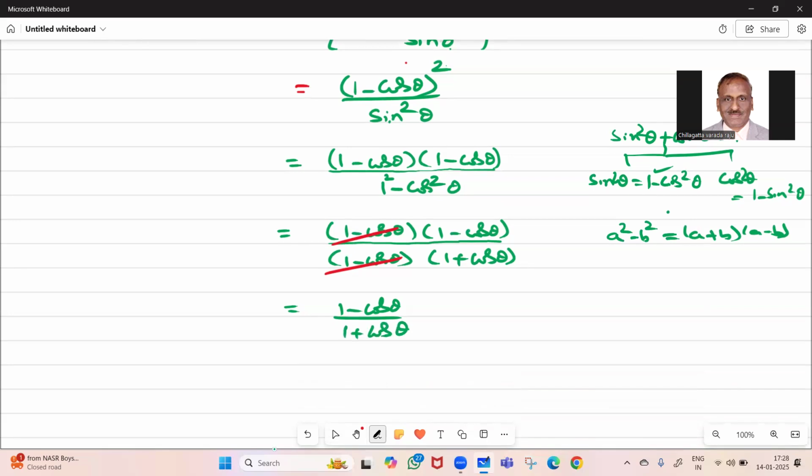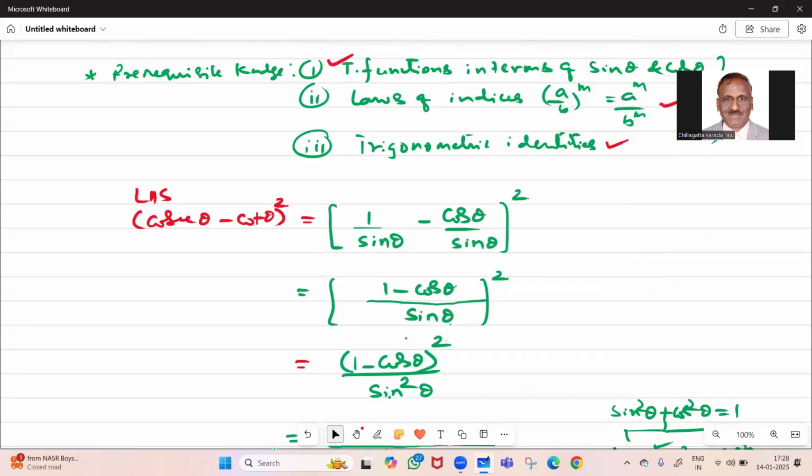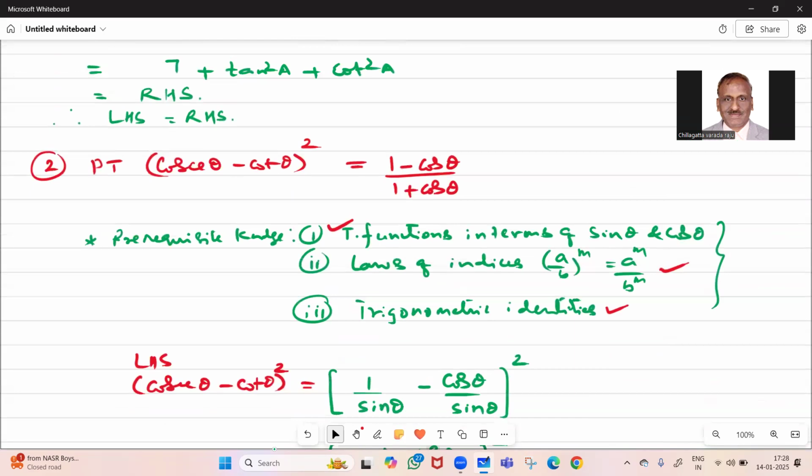Check, this is what we are supposed to prove. That is cosecant theta minus cot theta whole square, which is equal to (1 minus cos theta) by (1 plus cos theta). So this is your RHS. Come back to the problem and check whether we got the same answer or not. What is the question given to you?